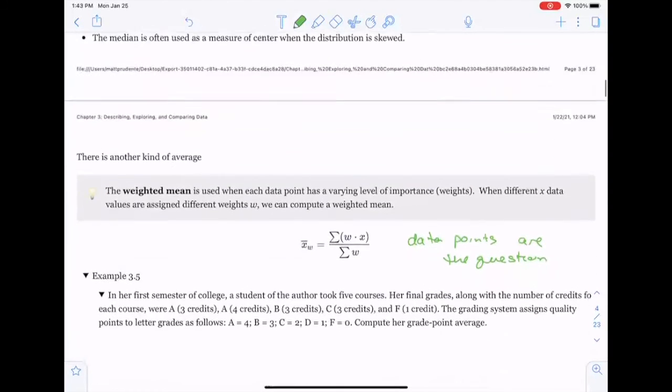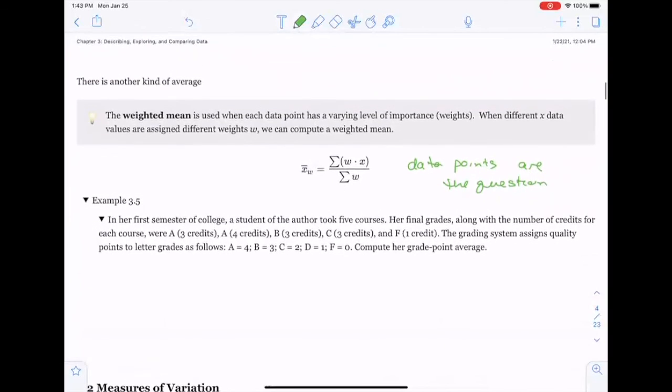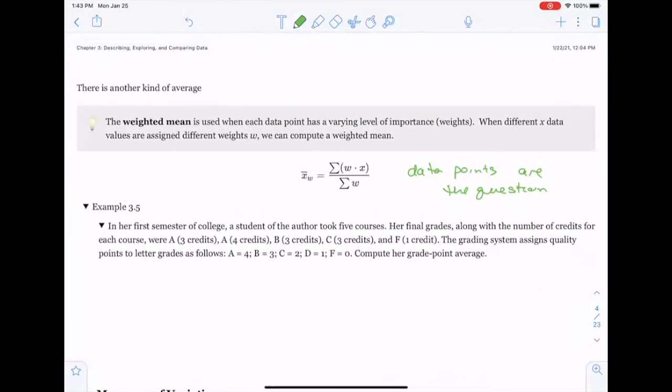So we can look at an example. A really common example is GPA, because for every class, even though you can get an A, B, C, or D, the credits really determine how important that class is. Let's say in her first semester of college, a student took 5 courses.